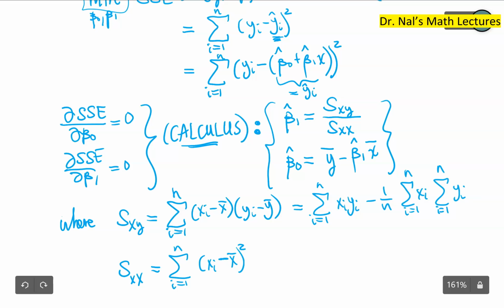That's it. Actually, there's also an alternative form for sxx. Let me quickly write that out as well: the sum of xi squared, from i equals 1 to n. After you square this expression and do the algebra, that's what comes out: minus 1 over n times the sum of xi, squared.